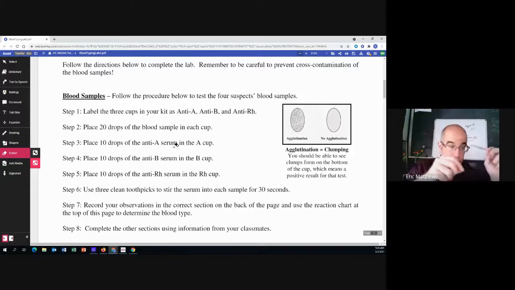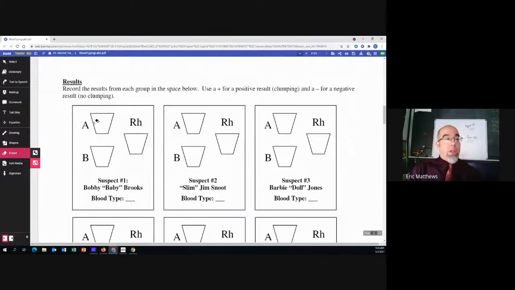We're going to give them a little stir with our little plastic toothpick, and we're just going to see if it clumps up. If it does, then we're going to draw it in here. And we're just going to draw the difference between clumping or no clumping. And that's it. And then we're going to identify the blood type for each.